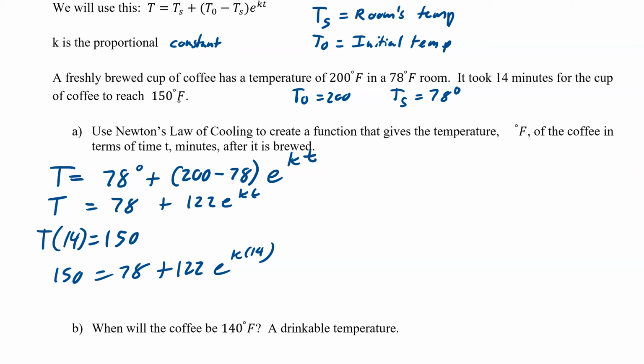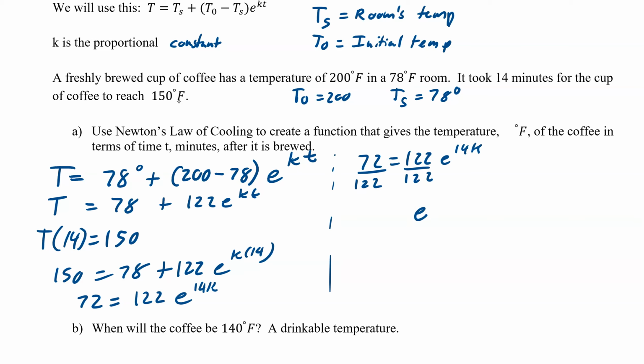And then we subtract the 78 over, which gives us 72 equals 122 e to the 14k. And then there's our exponential. So all we have to do now is solve that. So 72 equals 122 e to the 14k. Okay, good. Plug it in the calculator to reduce it a little bit or leave it alone. We're going to plug it in anyways.